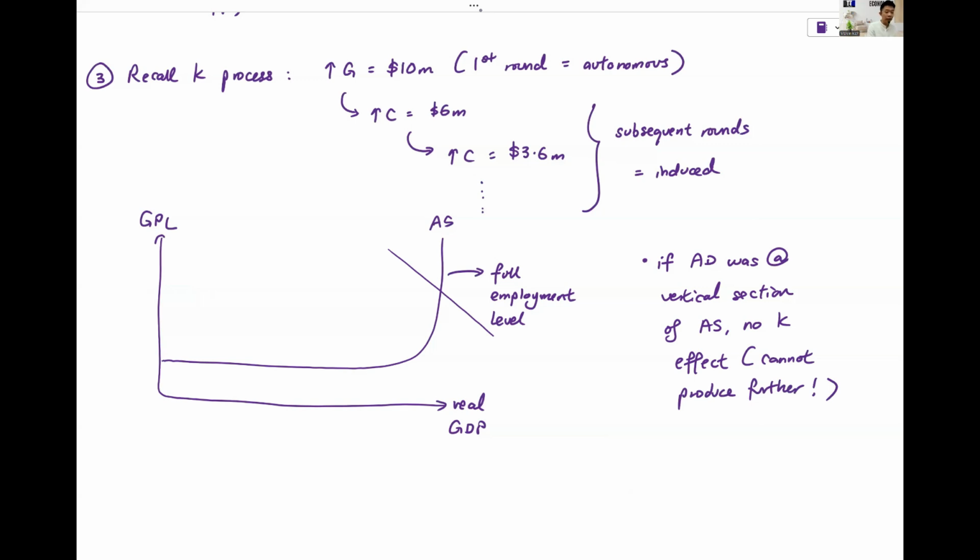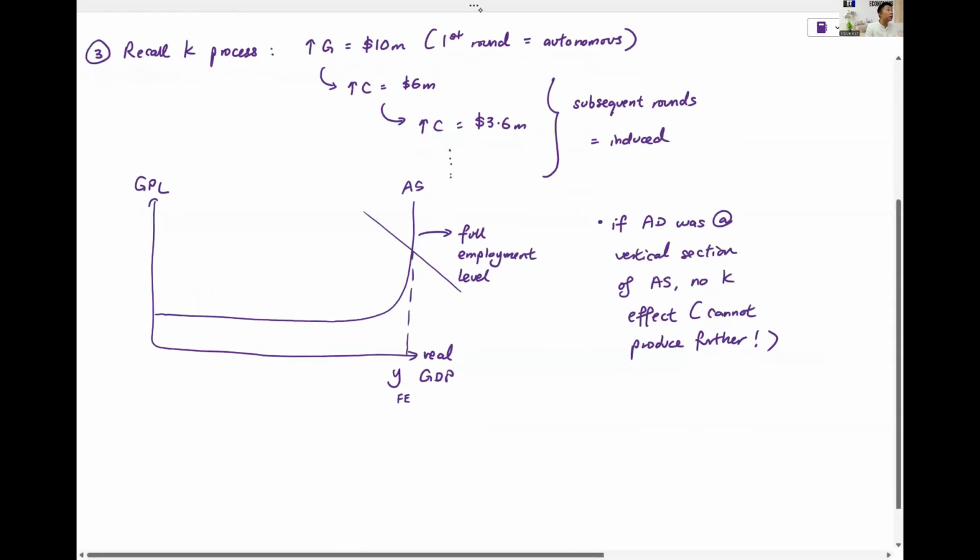You can't produce further, so how can you actually spend further? You can't. Because how much you produce is here, and I'll just put FE for full employment. So if you're already here and you raise your AD further, there is no change in your real GDP. Stuck. So this is very important, and I'm going to put this in red.